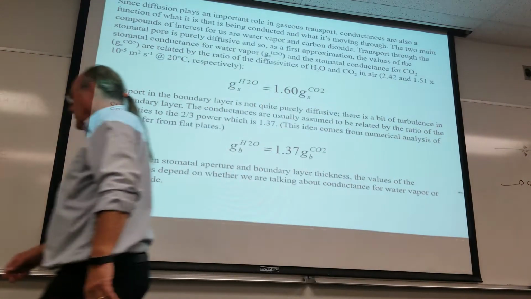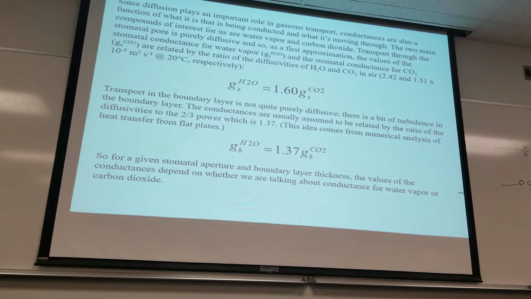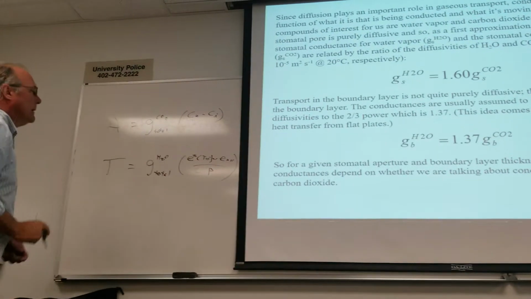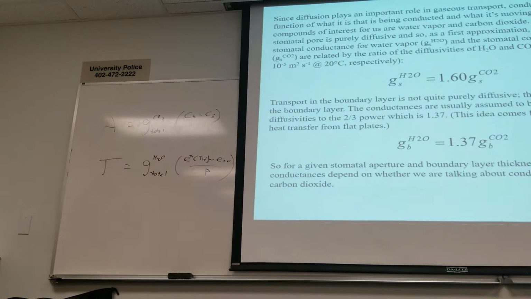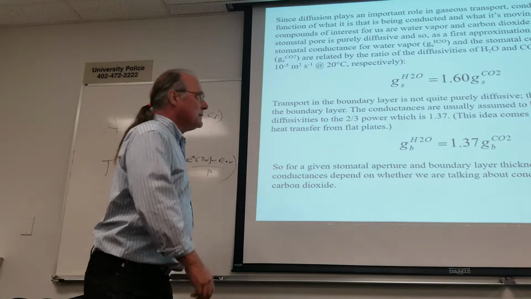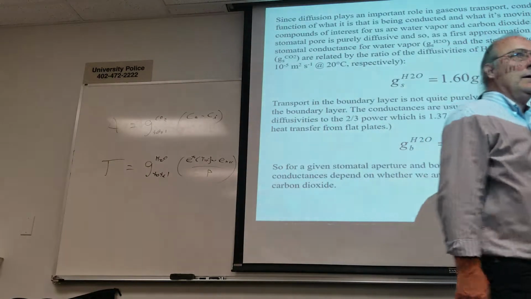And so if we're using a simple equation where the net photosynthetic rate is the total leaf conductance for CO2 times Ca minus Ci, and compare that with the transpiration equation, these total conductances are different values for the same conditions, because diffusion plays a big role in the transport in and out of the leaf.